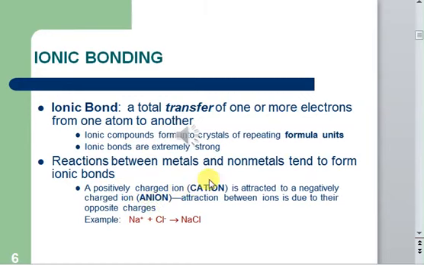The attraction between the cation and the anion results in the formation of an ionic bond. For example, this is sodium and that is chlorine. Sodium is a metal, so it easily loses an electron and forms a positive charge. Chlorine accepts the electron lost by sodium and forms a negatively charged ion. The attraction between them forms an ionic compound, which is NaCl.